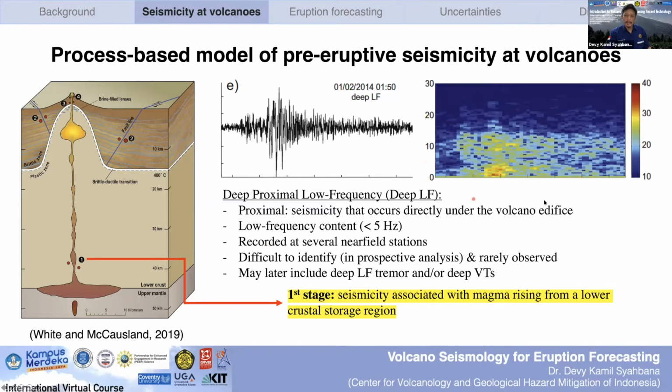So maybe you will not record this at all at your station. That's a bigger possibility. But this one is a record from Sinabung in 2014. It was recorded by several stations, and it is a deep low frequency. So remember, proximal means that it is beneath the volcano, beneath the volcanic edifice.